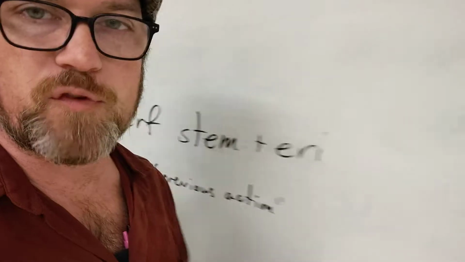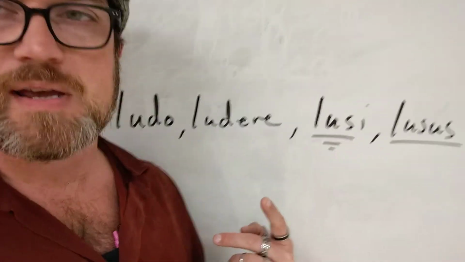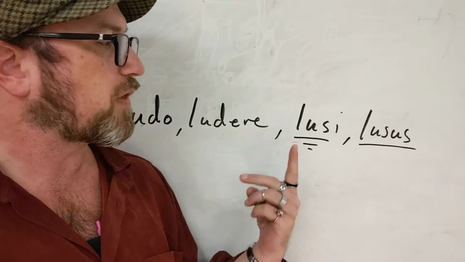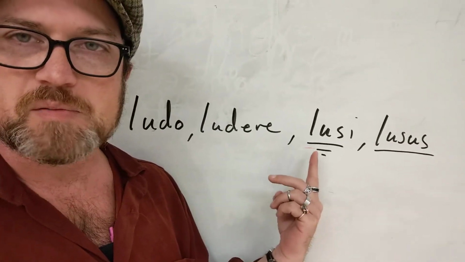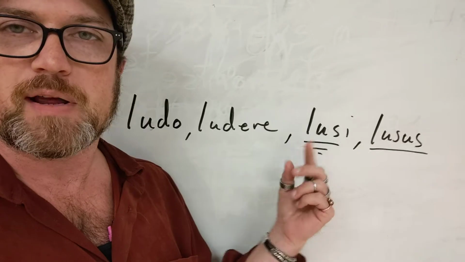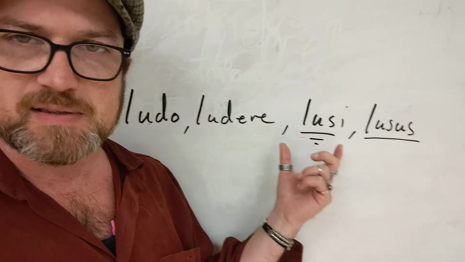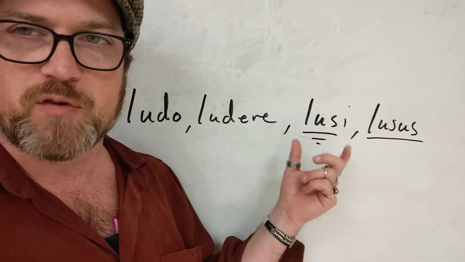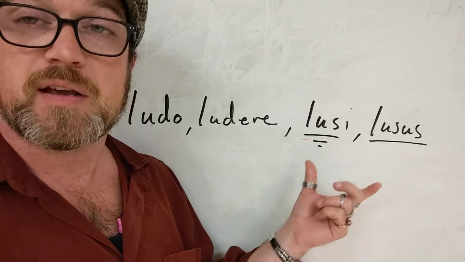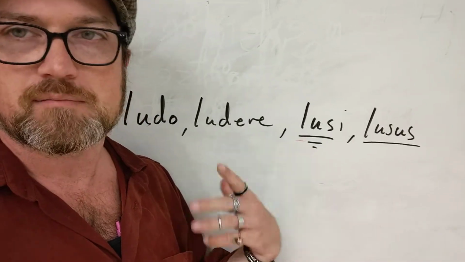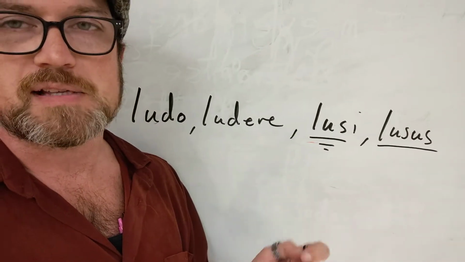So first of all, to the actual forms, when I say it's the perfect stem plus -eri, of course we get our perfect stem from the third principal part. It's this bit here. It's everything but the i, right? Because when you look at the third principal part, what this actually is, this is the perfect first person singular indicative version of the verb. So this means I have played, since I'm using the verb to play as my example today.